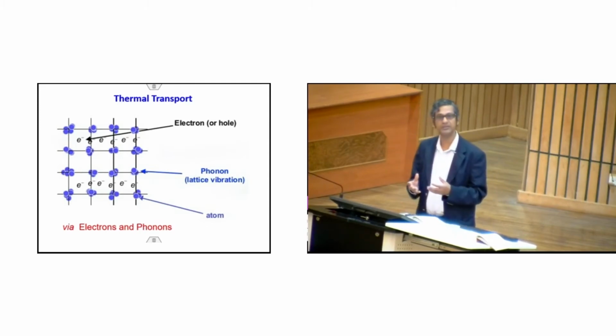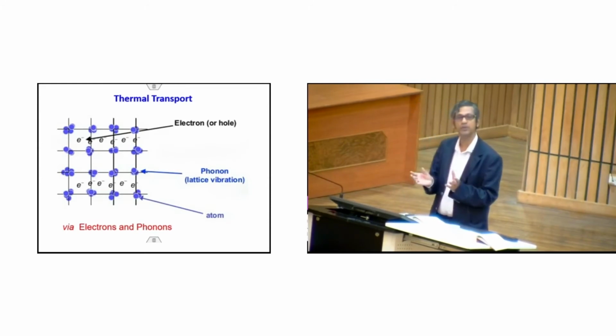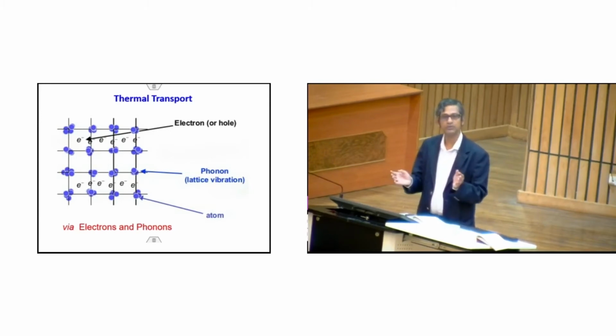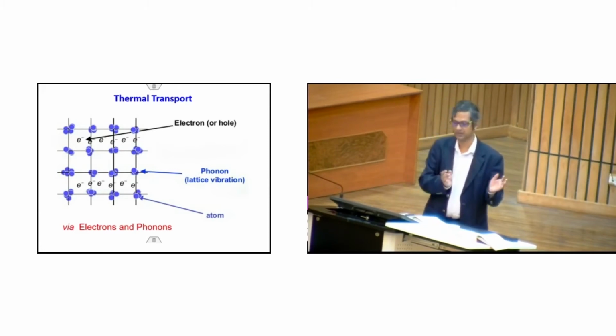As you heat the materials, the atoms will also vibrate from the equilibrium positions. As the atoms vibrate from the equilibrium positions, they can actually get pushed or pulled. As they get pushed and pulled, they create a vibration in the material or vibration in the lattice, correct.